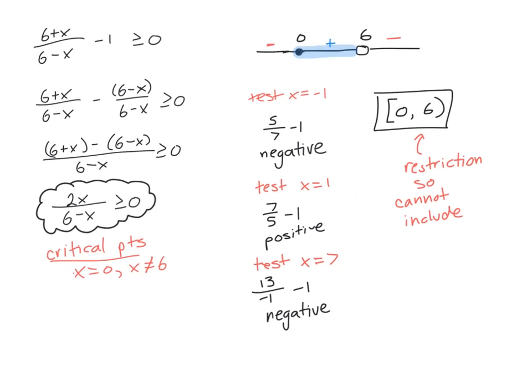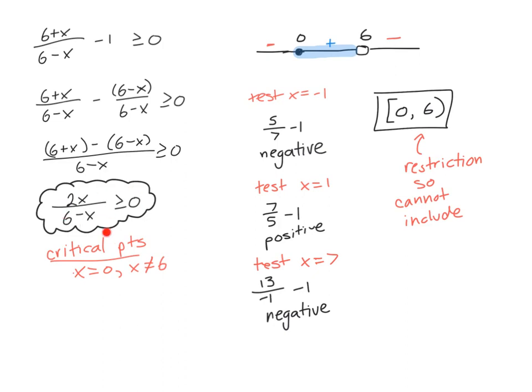For the values that I tested, I chose -1, which gave me a negative solution, because 5 over 7 minus 1; I went into the original equation here. If you test x equals 1, you get a positive solution. From my original inequality, you'd get 7 over 5 minus 1, which is positive. And I tested x equals 7, which gives you a negative solution. Again, I plugged it into my original inequality, but wherever you substitute it, will give you the same result.